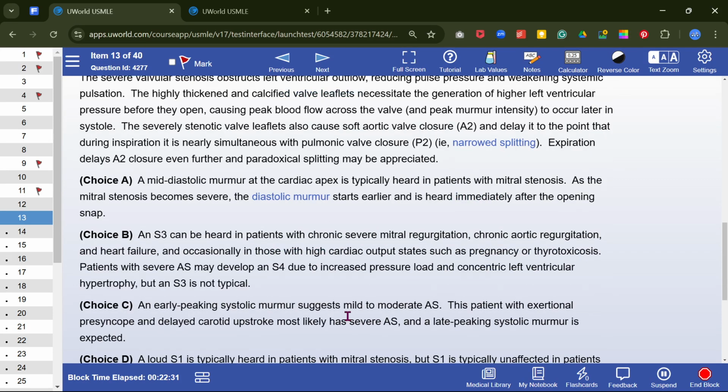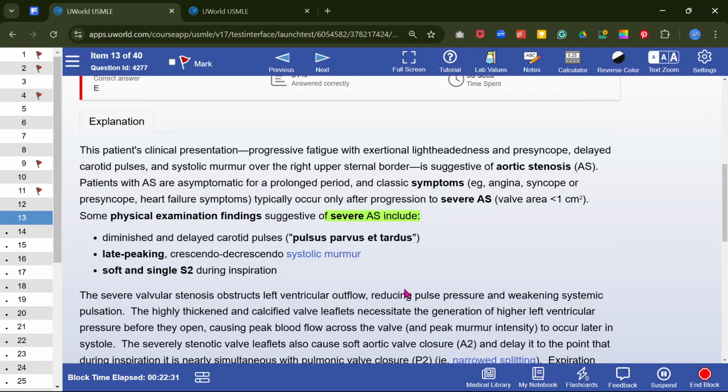And option C is an early peaking systolic murmur, which suggests mild to moderate AS. So it's not totally wrong. The patient with exertional syncope and delayed carotid upstroke most likely has severe AS, and a late peaking systolic murmur is expected.